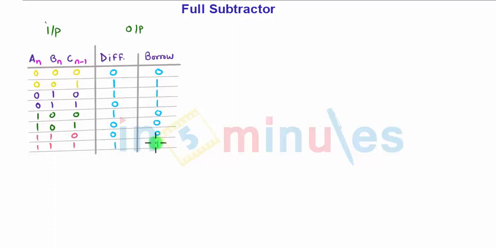Now to implement this full subtractor, we need to solve the K-maps for difference and borrow.